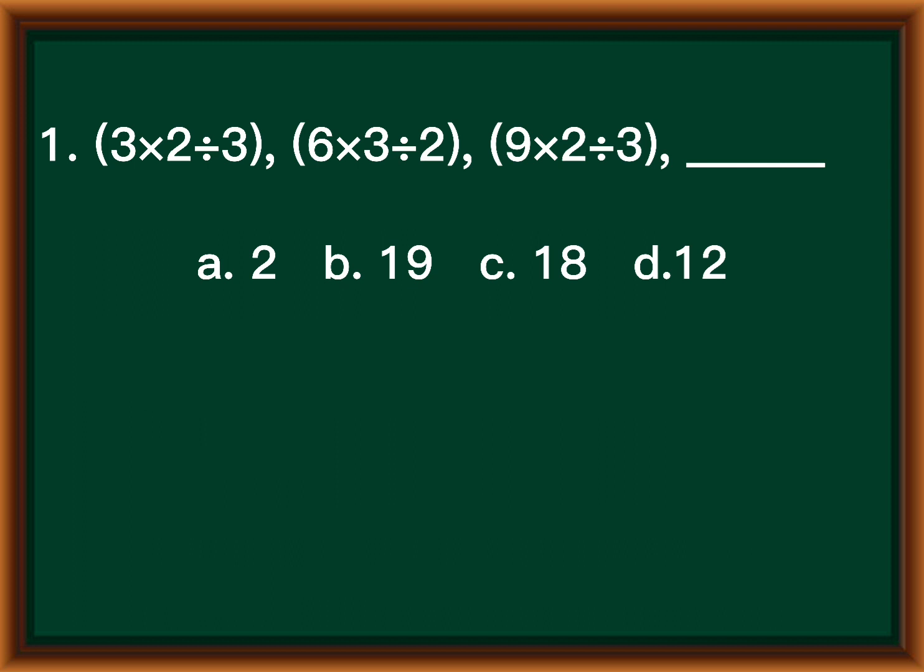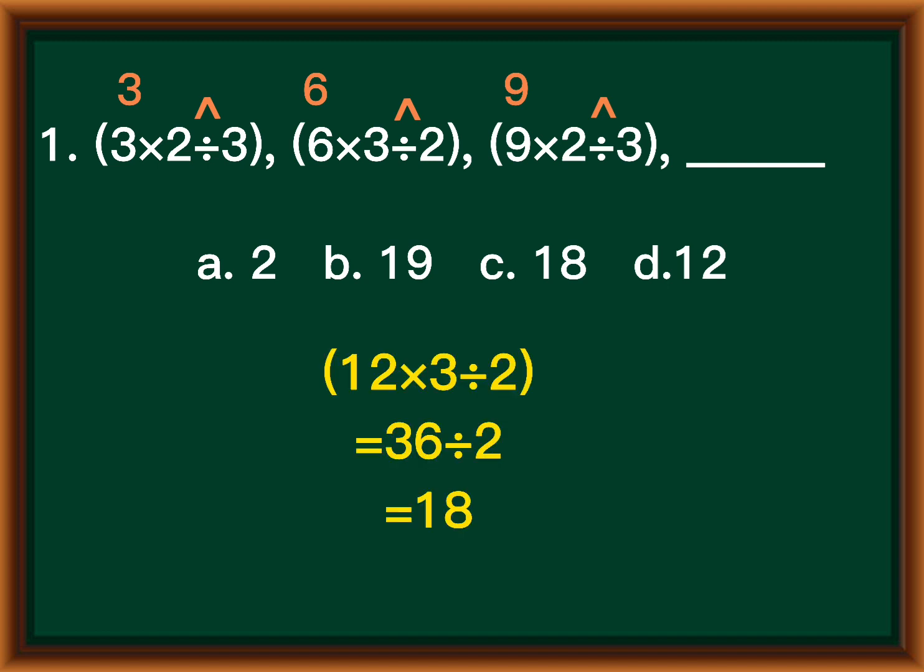As we can see, the first digits have a pattern that is in the multiples of 3, 6, and 9. And look at the next digits where 3 and 2 are changed in every other set. That's 2 divided by 3 and 3 divided by 2 every after set. From here, we can identify that the next set should be 12 times 3 divided by 2. Now, using PEMDAS, we can already perform the operations.